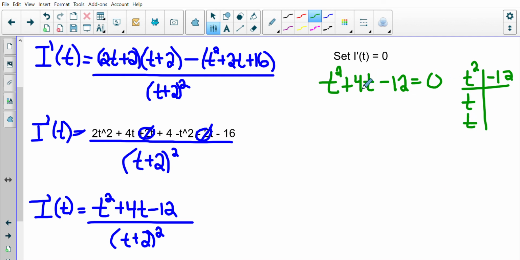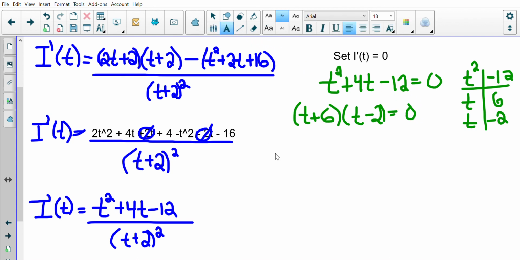And let's see here, 4t, I got this one, 6 and negative 2. Because when I cross multiply, I get negative 2t plus 6t. Well, yeah, that gives me my 4t. And so one factor here is I get a t plus 6. And then I get a t minus 2 equals 0.